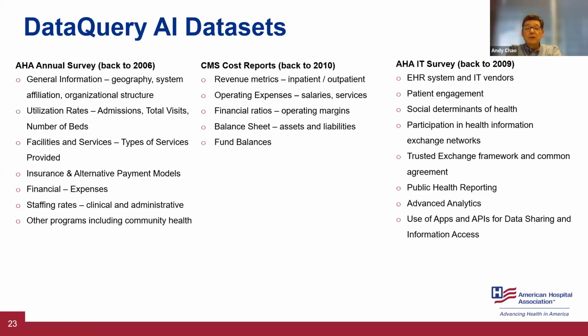Currently, we have 3 different data sources through Data Query AI. They're available for subscription. The annual survey data that we've been discussing all the way back to 2006. We have CMS cost report data, which provides financials reported to CMS back to 2010, and then IT survey data back to 2009.